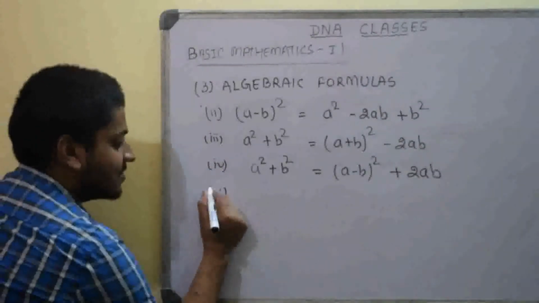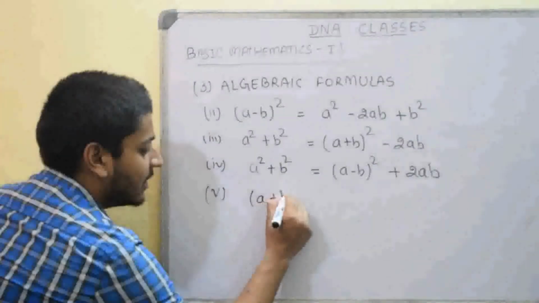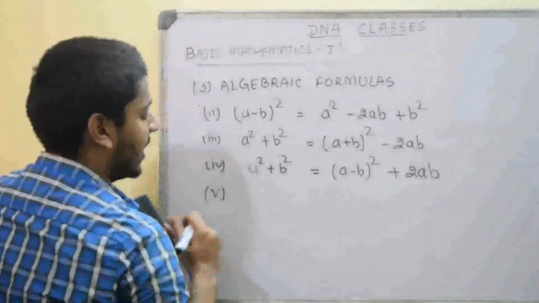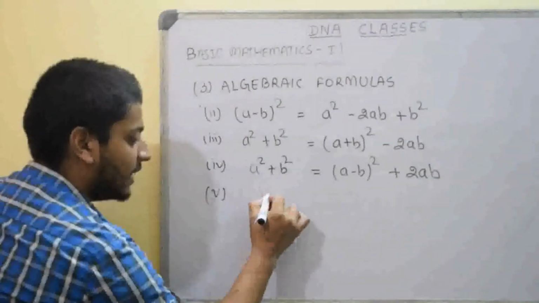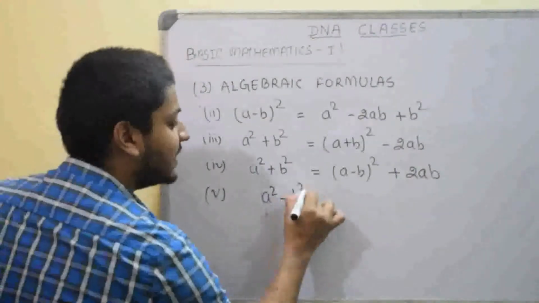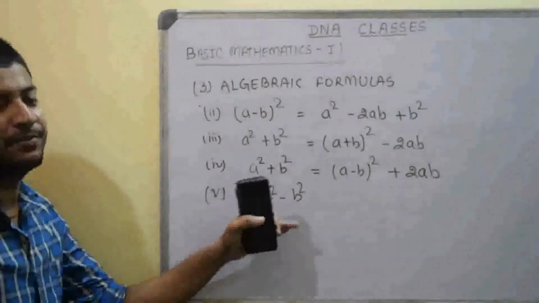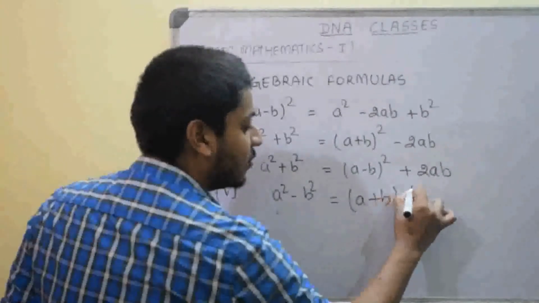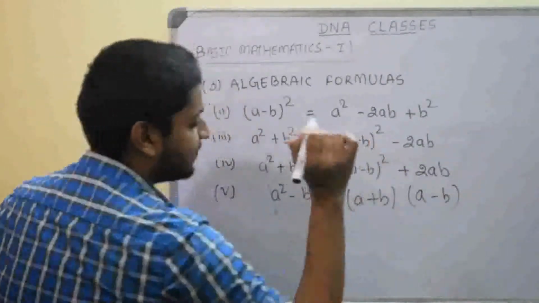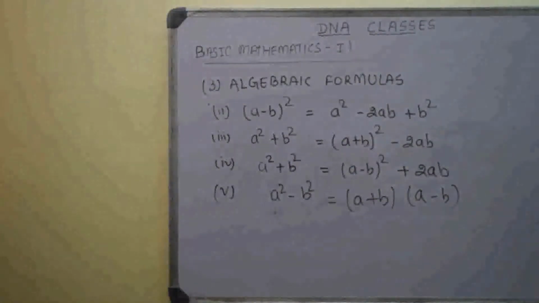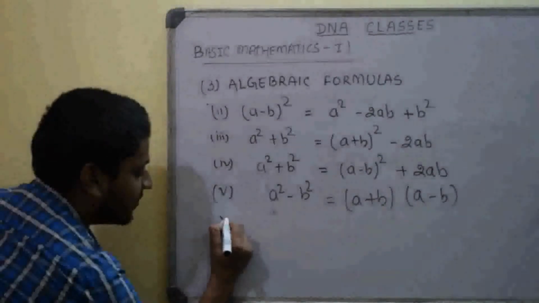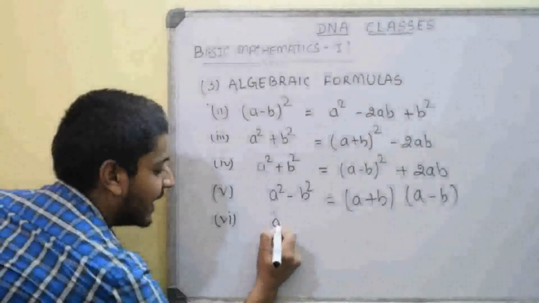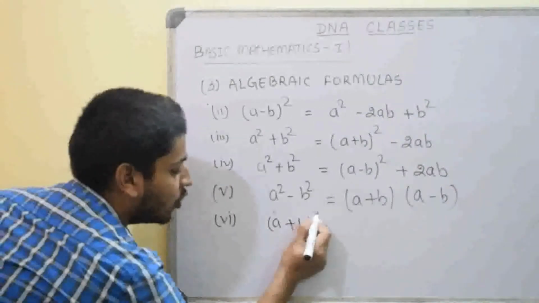Next formula is a square minus b square. A square minus b square, we can write it as a plus b into a minus b. Next formula is a plus b whole cube.